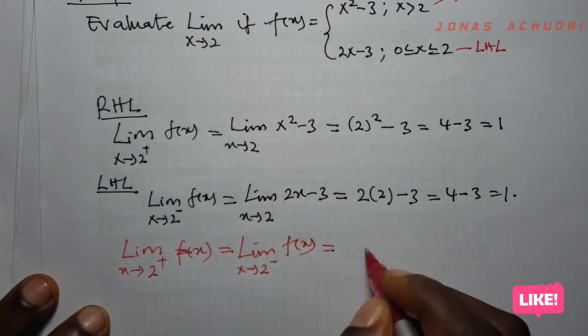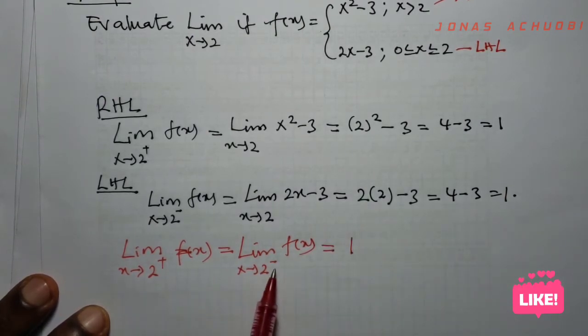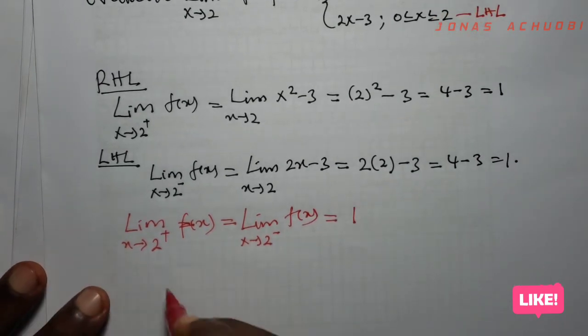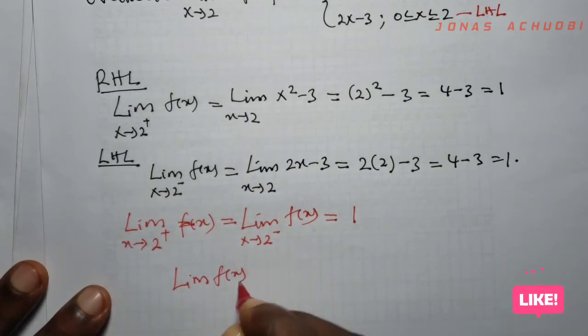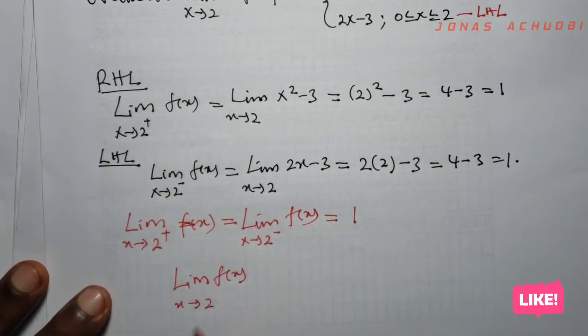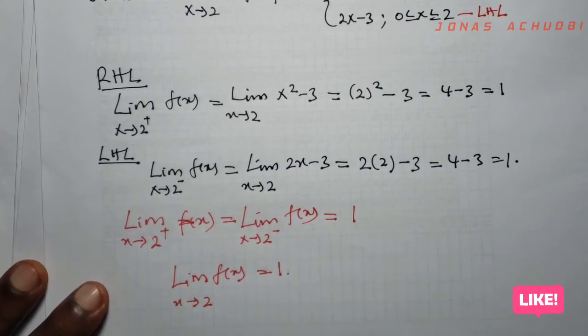And what is the limit? The limit is what? 1. So the left hand limit and the right hand limit exist and they are the same and the value is 1. Since this happens, we conclude that the limit of the function f of x as x tends to 2 is equal to what? 1. Is equal to 1.